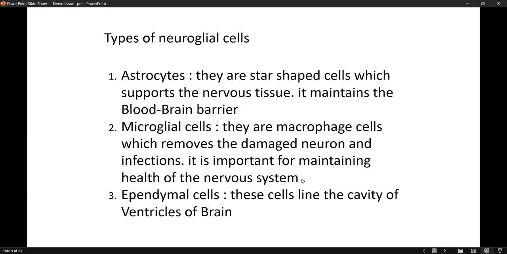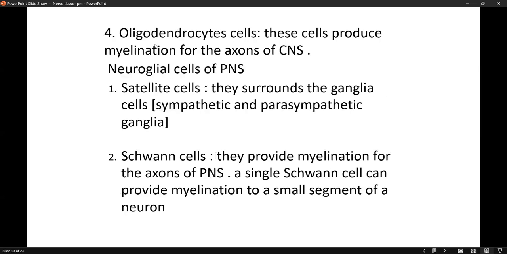So it is important for the immune system, helping to keep the nervous system intact and maintaining it to a very great extent. Ependymal cells are those specialized modified cells which are seen in the cavities of the brain, which we call the ventricles of the brain. Then you have oligodendrocytes.